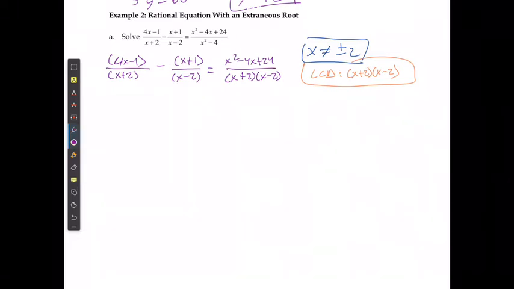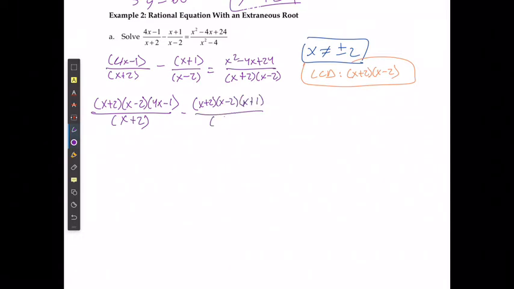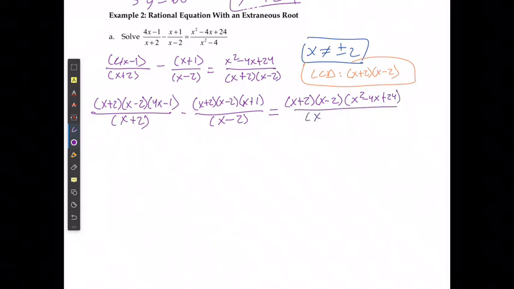So I have x plus 2, x minus 2 times 4x minus 1, all divided by x plus 2, minus x plus 2, x minus 2, multiplied by x plus 1 over x minus 2 is equal to x plus 2, x minus 2 times x squared minus 4x plus 24, all divided by x plus 2, x minus 2.